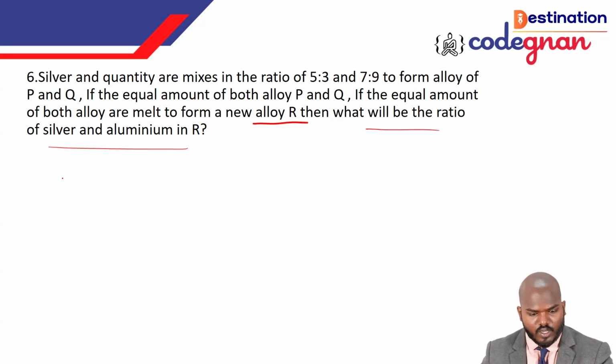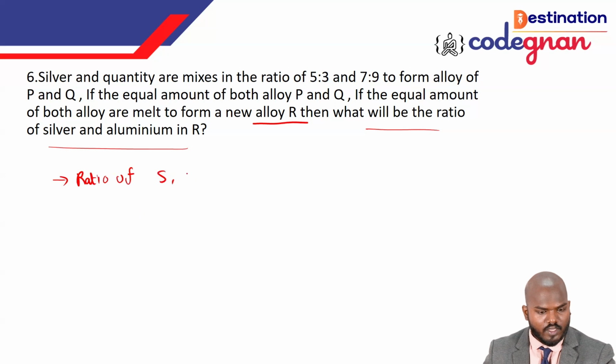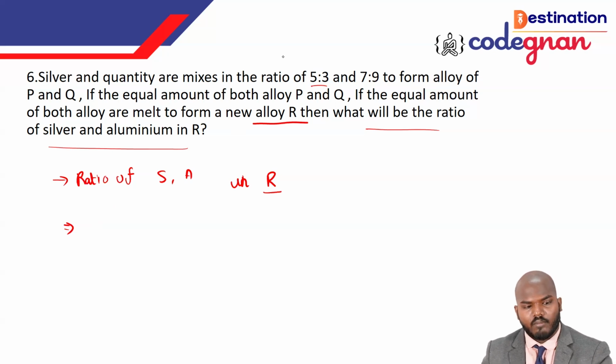So going to this one, I just want to quickly make it a one step answer. I'm not going to make multiple steps here. I'm just saying the ratio of silver and aluminium in R, so that is my deal. Now I'm using 5 by 8. First I'm taking the value of the silver, silver on one side, and for aluminium, the other alloy, I'm taking it next.